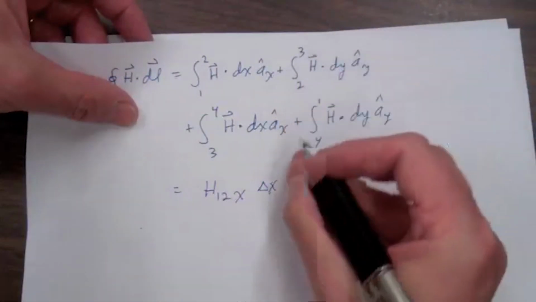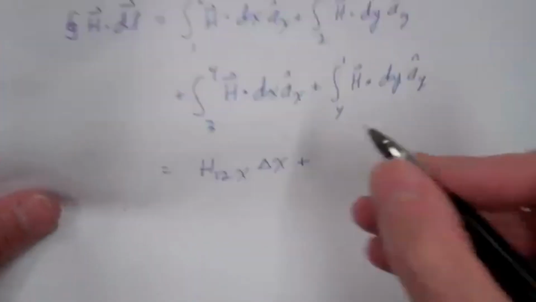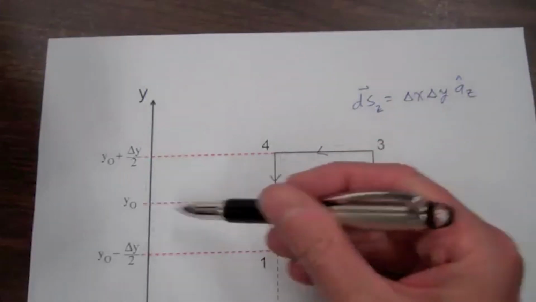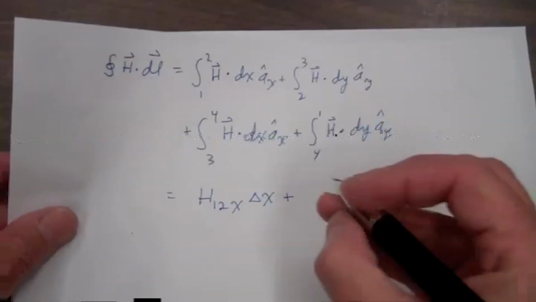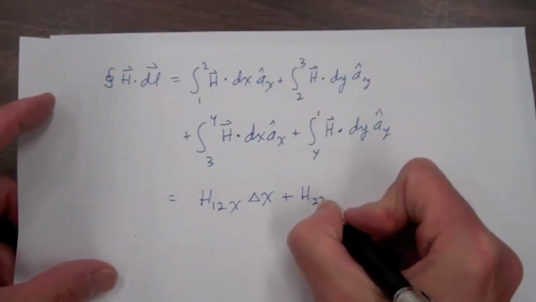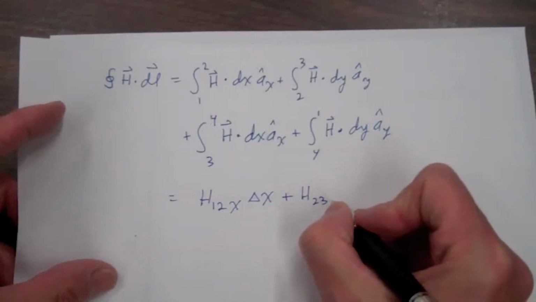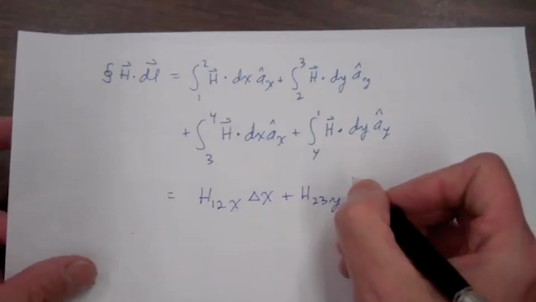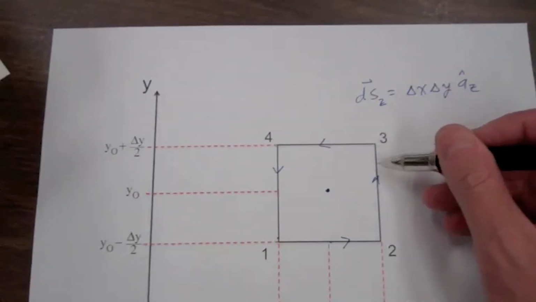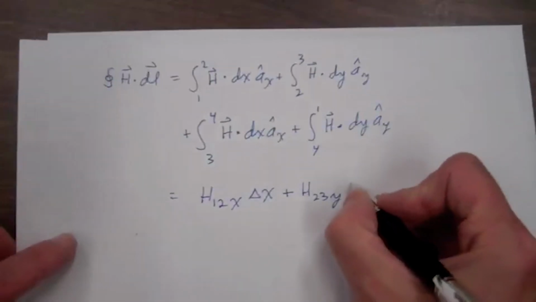So the integral from 2 to 3, along the line segment going from 2 to 3, we're going to get the value of H in the y direction, because we're dotting with a sub y along line segment 2 to 3. And then we're integrating dy from 2 to 3, so we'll just get the length of this line from 2 to 3, delta y.